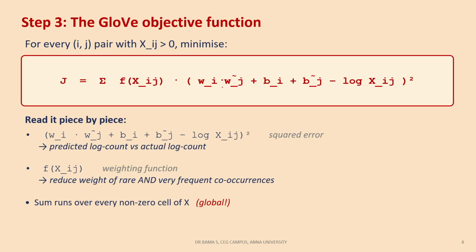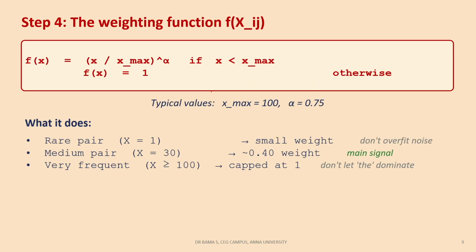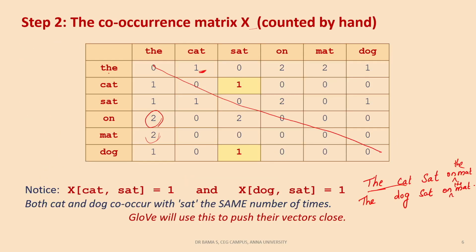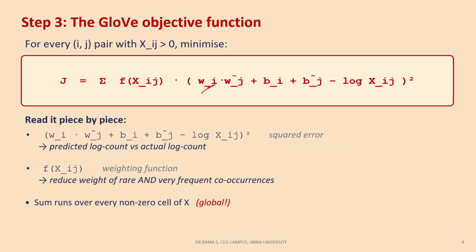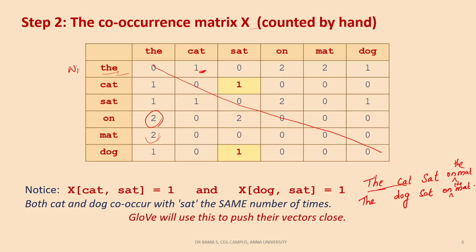Wi is going to be this portion, which is this vector. For example, suppose wi is the vector 0 1 0 2 2 1, and the context vector wj is for cat. If it is cat, it is going to be 1 0 1 0 0 0.